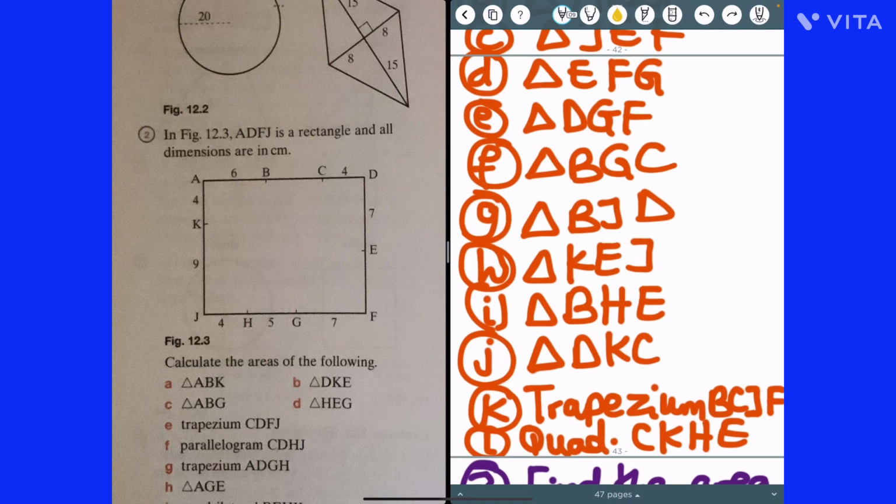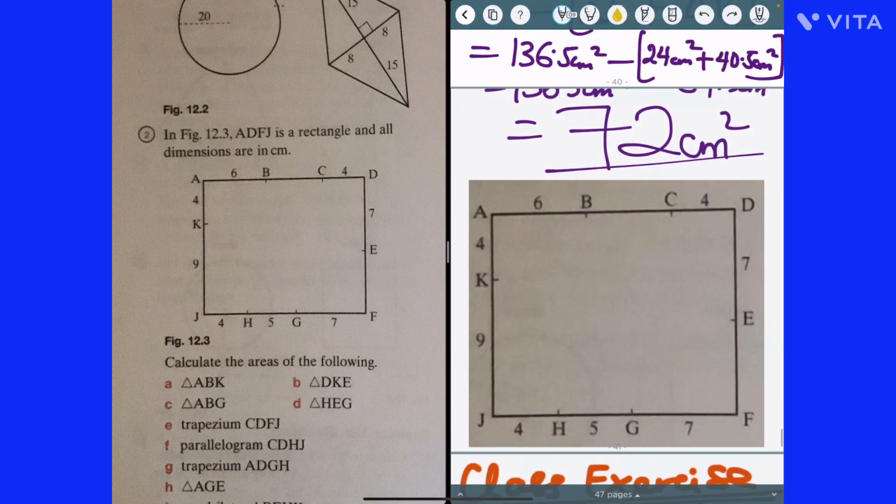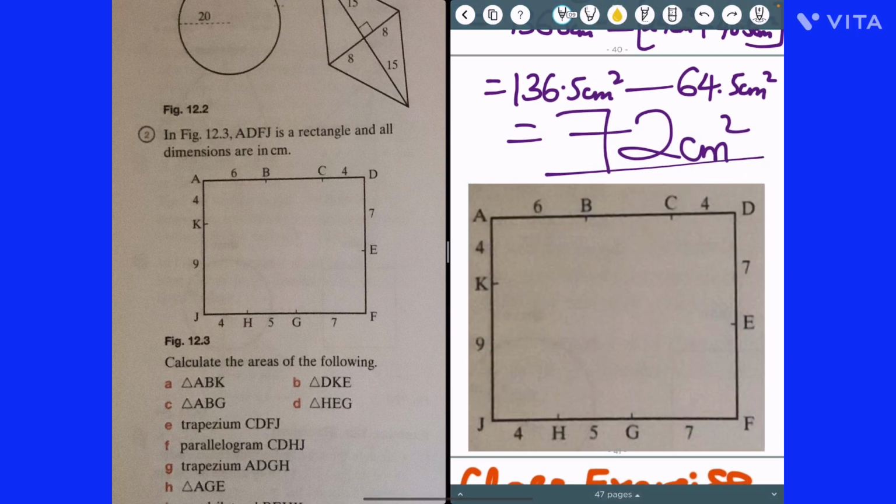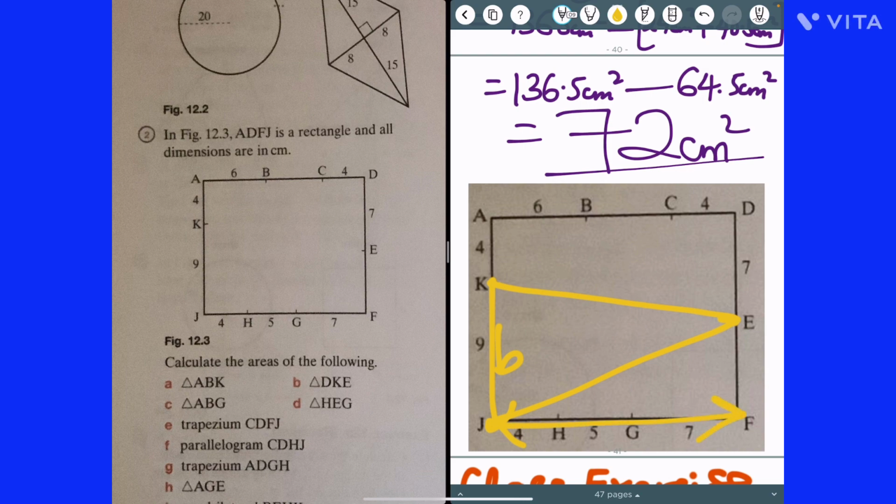H is triangle KEJ. Let me mark that. Triangle KEJ. So my base is 9. This is my base 9. My vertical height is the same as this side, which is 16. So half base times height will give you the area of the triangle.